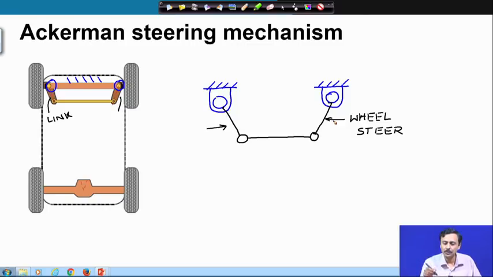Now, here we are going to number the links. Remember that ground is a link. So, this is the ground link. We will number the ground link as 1.